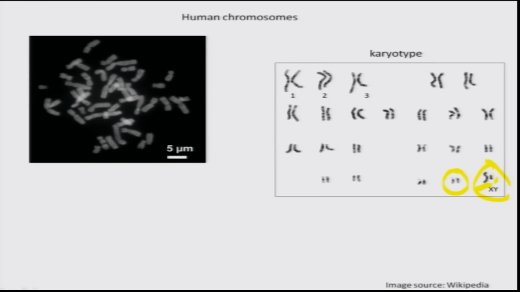So this arrangement of chromosomes based on their size and shape is called a karyotype. And this is something that I would like you to remember. When you talk about karyotype, it is very important that you recollect this concept, that the chromosomes are sorted based on their size and shape, and I am able to identify each pair of chromosomes in a distinct way. That's very, very important.